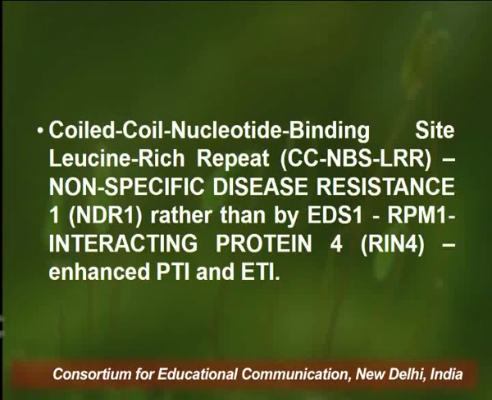And once RIN4 is activated, it enhances the pathogen triggered immunity in the plants, or I will say the pathogen associated molecular pattern triggered immunity, PTI. Along with PTI, it also stimulates the effector triggered immunity in the plants.